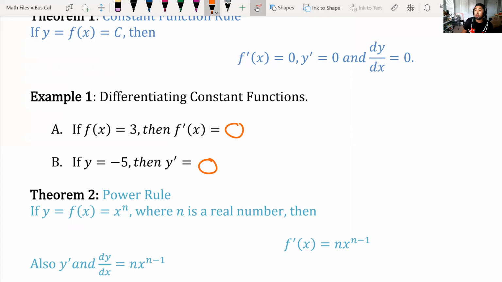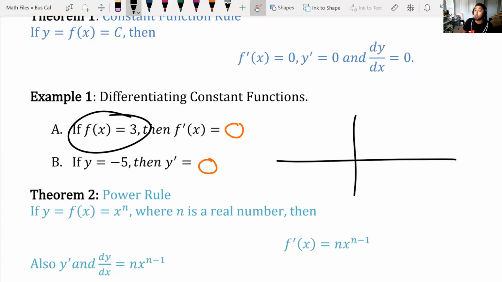But then again, remember, why is it 0? Why is the derivative of a constant 0? Because remember, derivative means slope. So if I were to draw one of these functions out, let's say I draw f of x equals 3. This is the graph of y equals 3, which is a horizontal line.